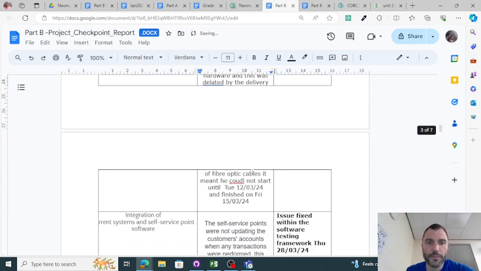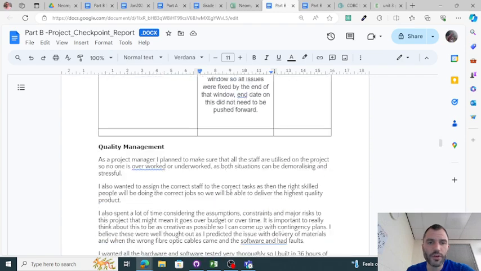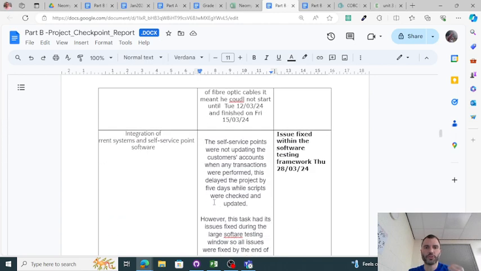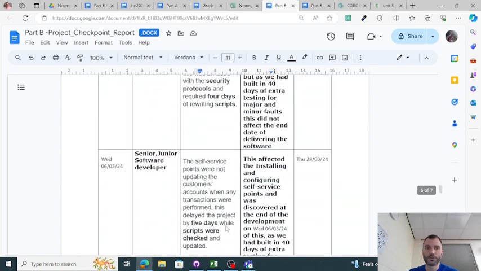And yeah, so basically I tried to be as specific as possible, saying what was the knock-on effect of that on some of the other tasks as well, right?